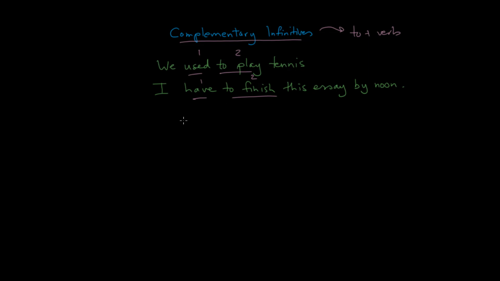Now, traditionally in diagramming, if we have this sort of construction, then the infinitive goes after the second line in our diagram, as the direct object. And maybe it's easier just to demonstrate this. So if we write we, there's our subject, and then used, and then we have the direct object.